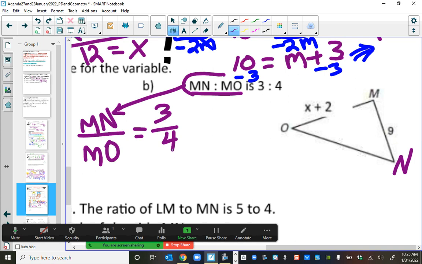Use the diagram. What's going to go in place of the MN? Look at our diagram. What expression or number is represented by MN? Look where MN is located. 9.